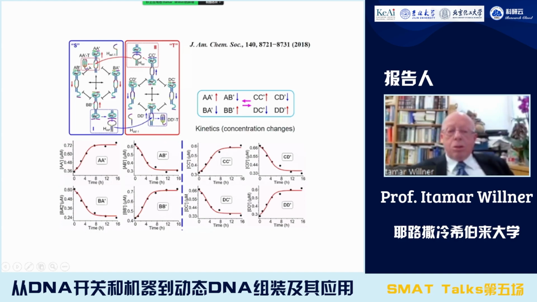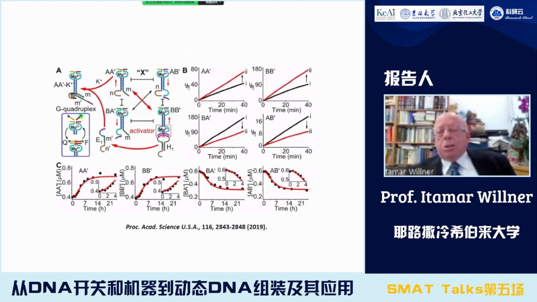And this is exactly what happened. You see that these two reveal a time-dependent increase, the other two are decreased, and these two are again increased, and there are two other constituents that decrease in content. So this is a nice example of intercommunication between DNA-based networks.